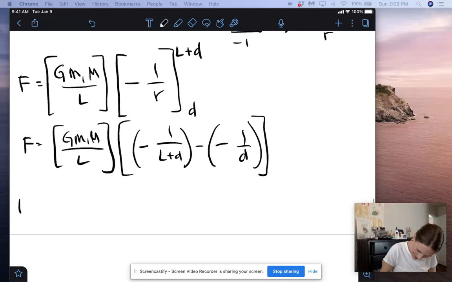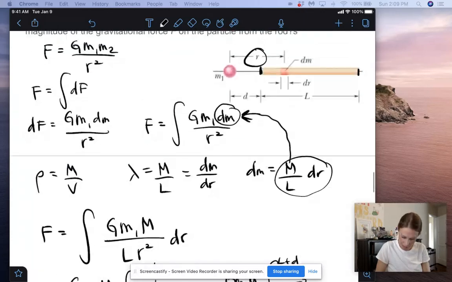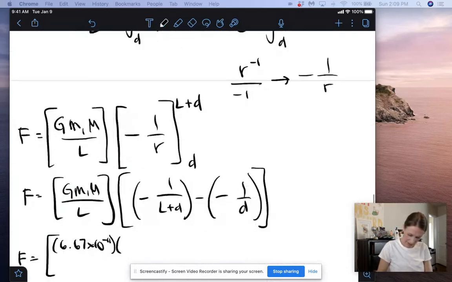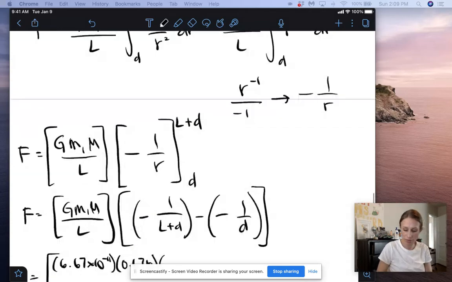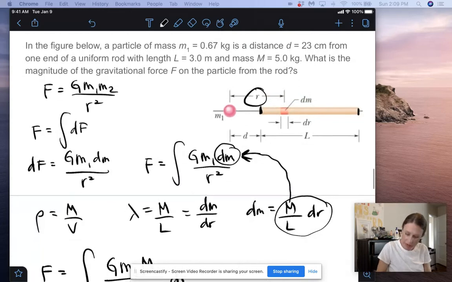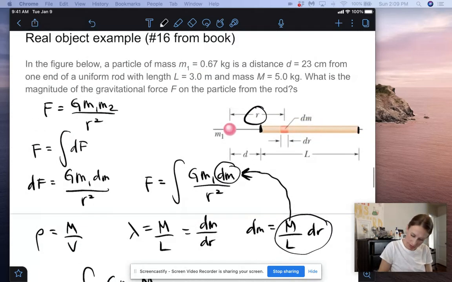So we get force is equal to G, which is 6.67 times 10 to the negative 11th, times mass 1, the mass of the point mass, which is 0.67 kilograms, times the big mass of the rod, which was 5 kilograms, divided by big L, the length of the rod, which was 3 meters.